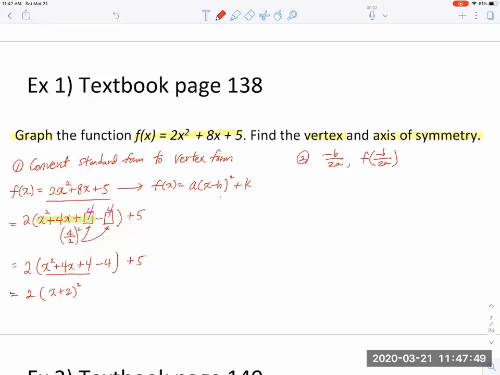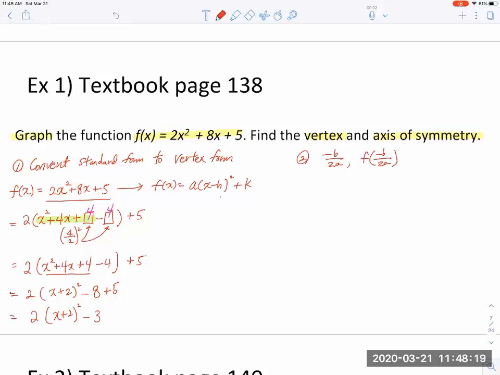And then you are going to arrange negative 4 and 5 together, because negative 4 is inside the parentheses. So 2 times negative 4, that's how you bring this number outside of the parentheses. So negative 2 times negative 4, negative 8 plus 5, 2 times x plus 2 squared minus 3. That's how I changed it to vertex form.